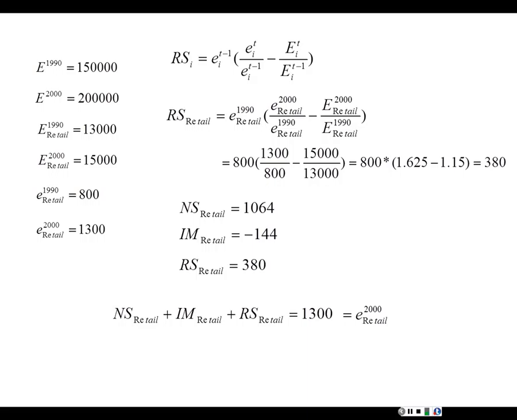So there are all possible locational differences between your region and the national average that contribute to this positive regional shift, the strength of the retail industry in your local economy.